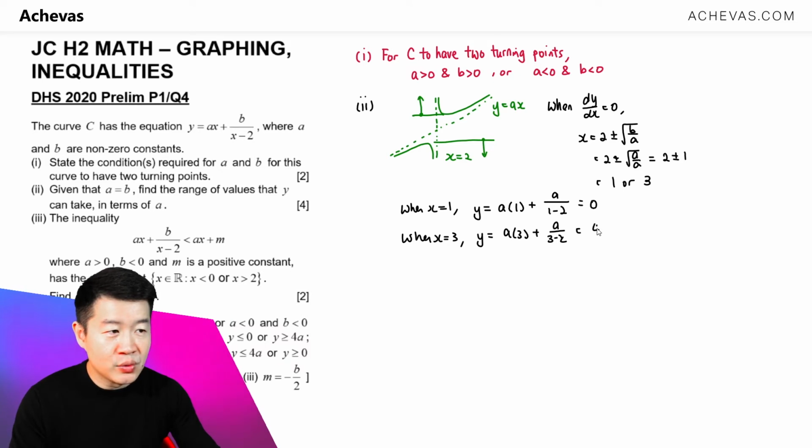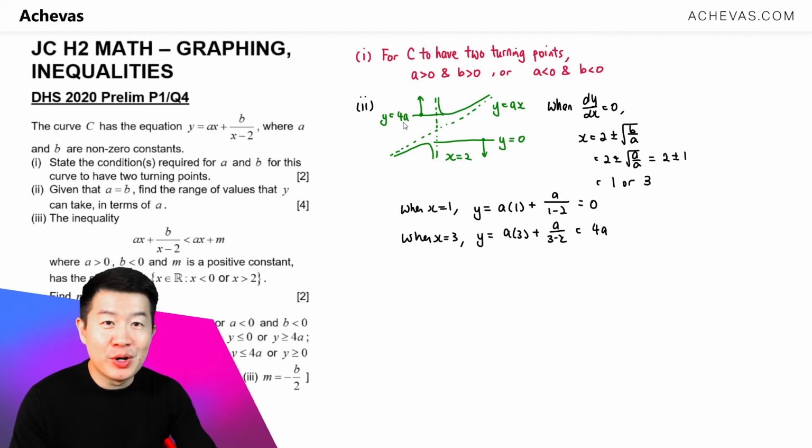And this is equal to 4a, which means that if the y coordinate of this point is 4a and the y coordinate of this point is 0, then the set of values that y can take will be y less than or equal to 0 or y bigger or equal to 4a.